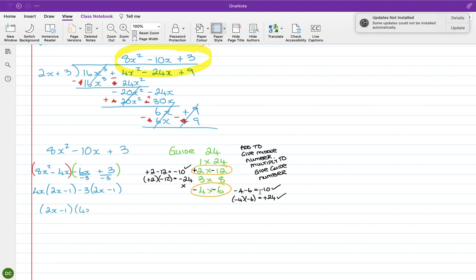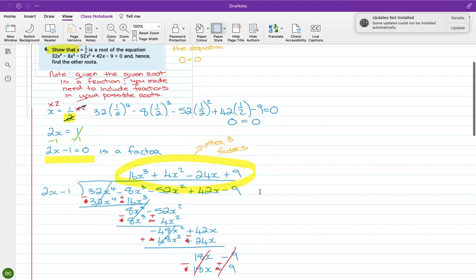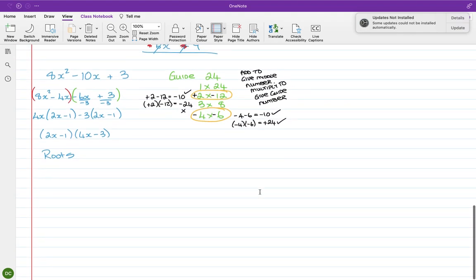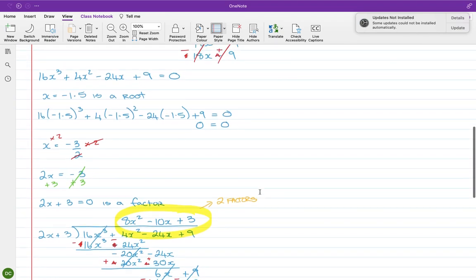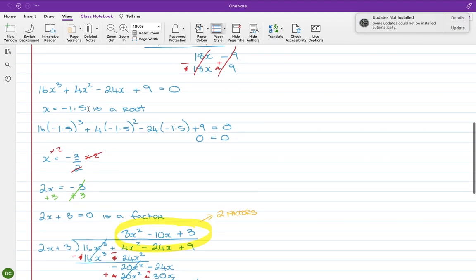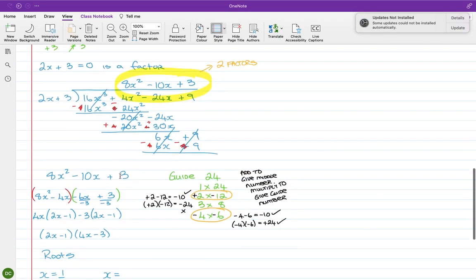Okay, so my roots. My first root from the very beginning was x equals a half. My root then after the first step, where is it there? This one. So that was minus 3 over 2.